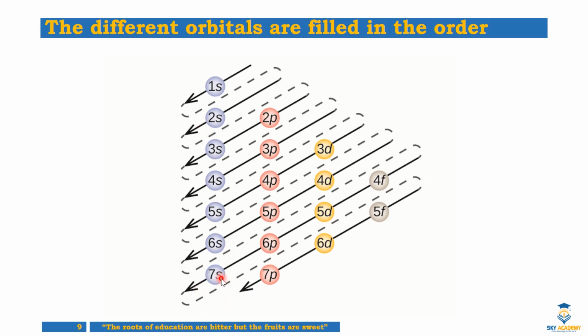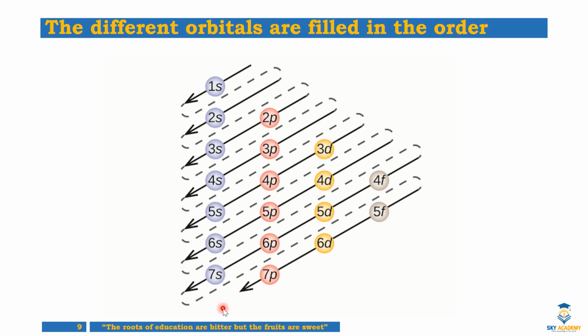You stop with the 7 because we have not discovered any atom which goes beyond this graph written here. By stopping with 7s, all atoms fall in this graph, so we cannot continue with 8s, 9s because those atoms have not been discovered.